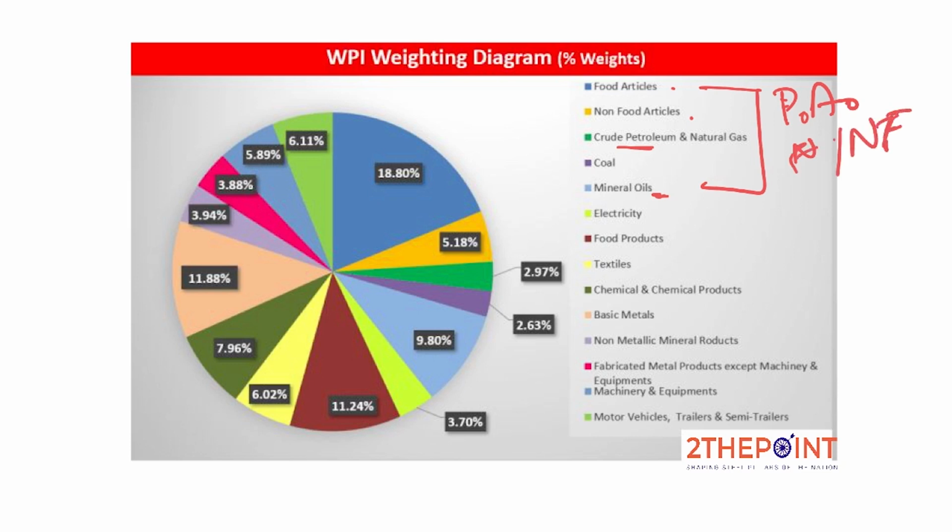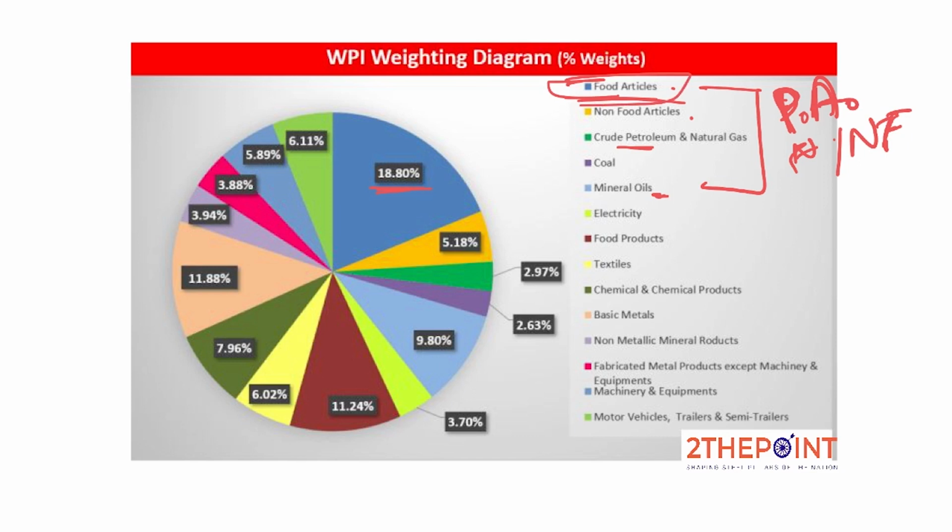We should not be bothered about that, but the primary classification was primary articles. You see a major chunk of it is from food. Obviously it will form a major component, as we all consume it on a daily basis, and a major chunk of our salary or spending goes on food items.